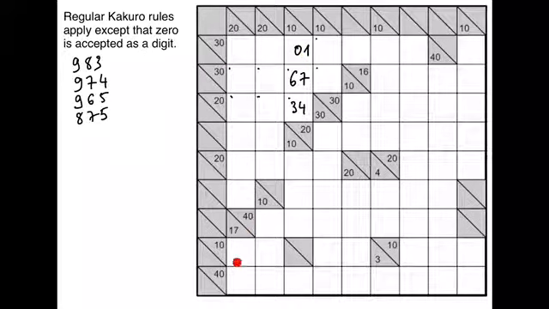This 17 clue must be 8 and 9. And now this has to be 2 or 1. Or this 3 is given. These digits are both non-zero digits. Oh, and this 10 clue.